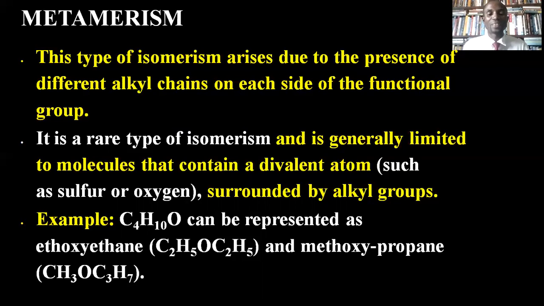We know oxygen is divalent, sulfur is divalent. So when it's surrounded by alkyl groups, using C4H10O, we can have either ethoxyethane or methoxypropane from that same chemical formula. The same chemical formula, but different position of the O, where O is being located.